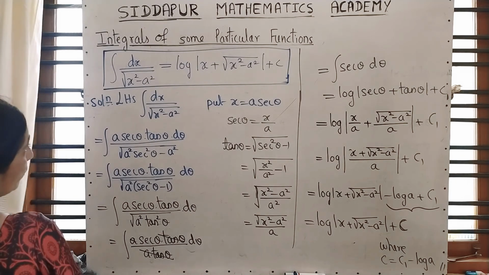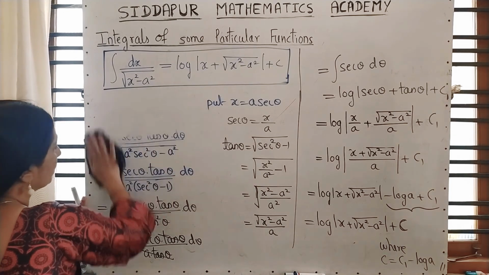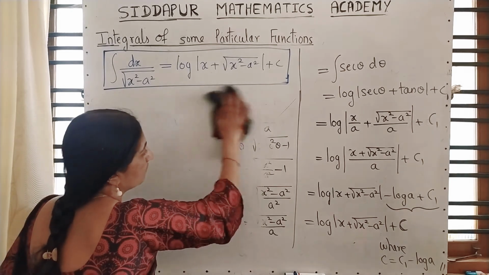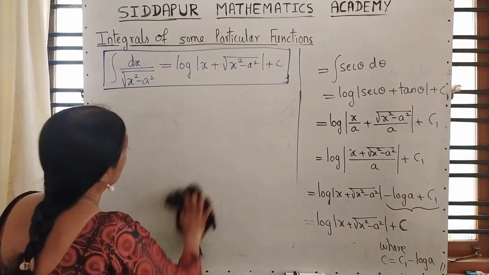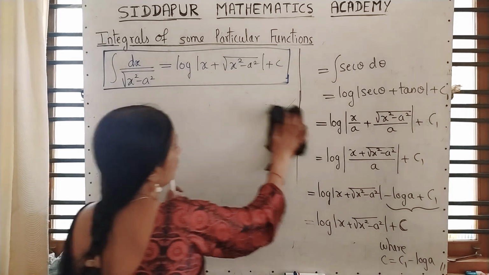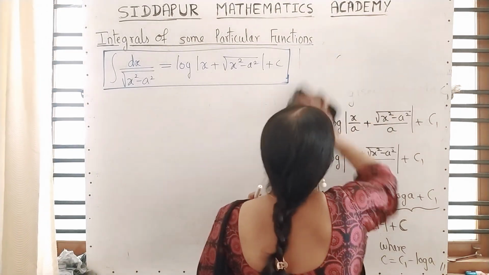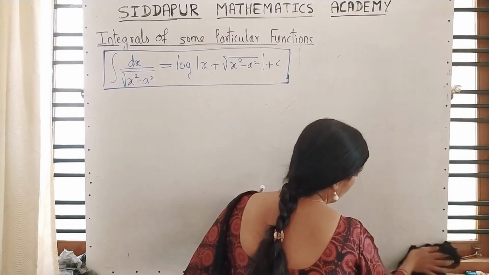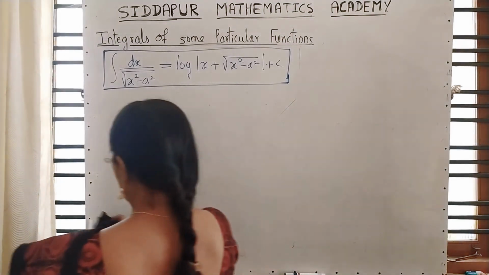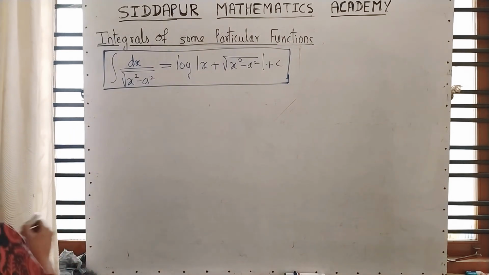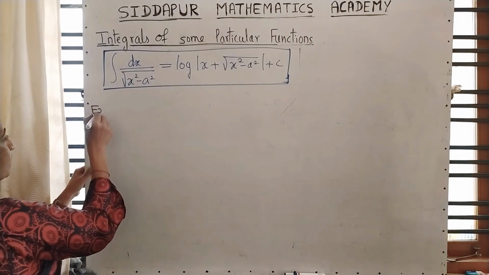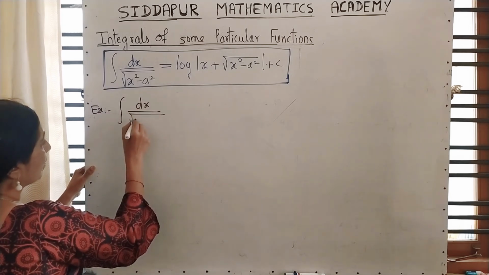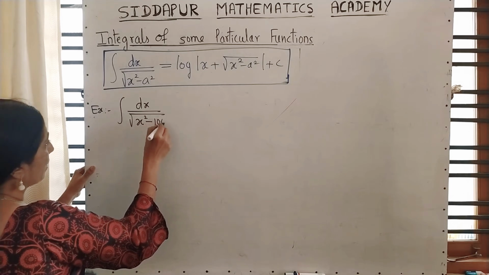So now I am moving to the example. Only thing is the practice is required for these formulas. And after doing so many examples, we will remember these formulas. Write the example: dx upon root of x square minus 100.